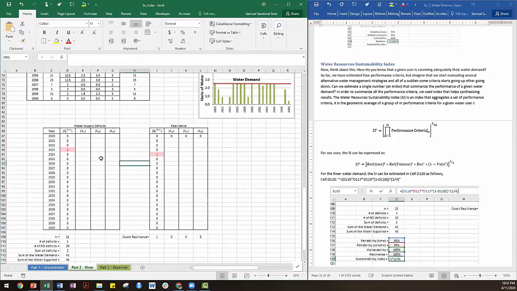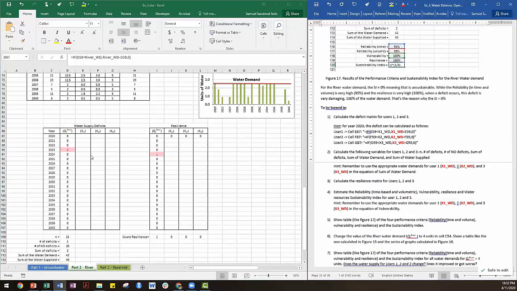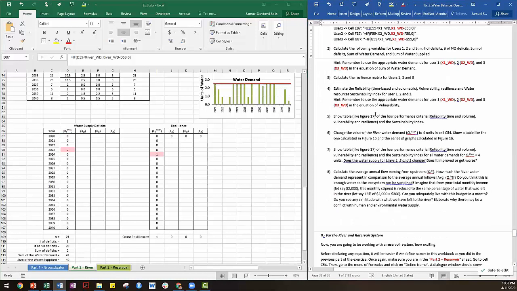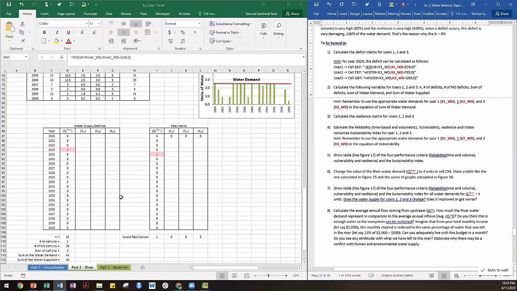Let's try to do the same for the rest. So that will be it for this part. Then you will have to estimate the same water performance criteria, reliability, resilience, vulnerability for the rest of them. And in order for you to do that, basically you will have to follow these instructions, and then you will have to fill in or respond to all these different questions.